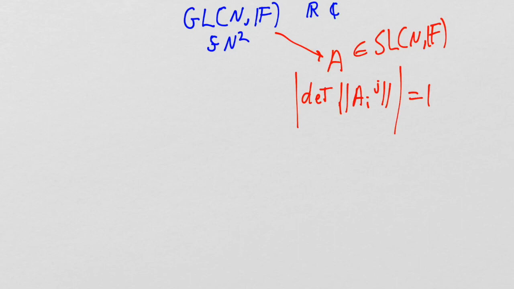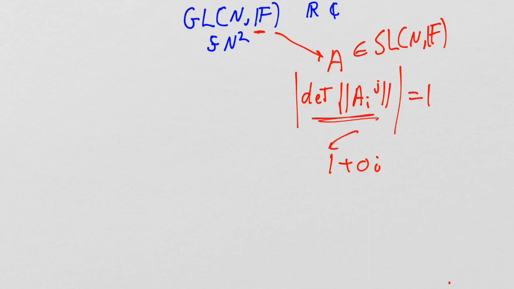So if you do that, then for real fields, this determinant equation will force at least one element to depend on all the others. So you lose one degree of freedom. If you're dealing with a complex field, then in order to have this happen, you have to make it equal 1 plus 0 i, right?